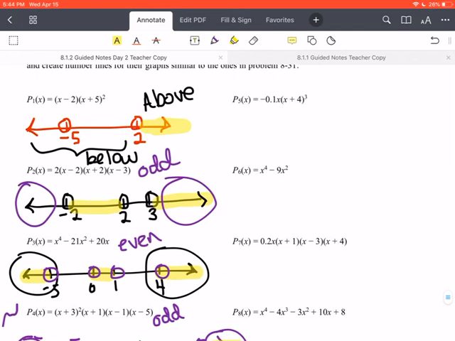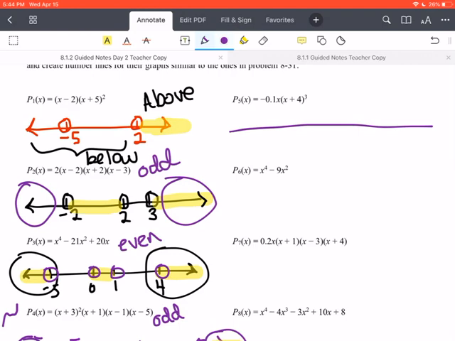Okay, so now on P5, if we look, what are our factors going to be? Well, this is in factored form, and I am going to see that 0 is going to be one, because if I set -0.1x equal to 0, I'm going to get x equals 0, so I'm going to put an open circle at 0, and then -4 is going to be my other intercept, and so I'm going to put a circle there.